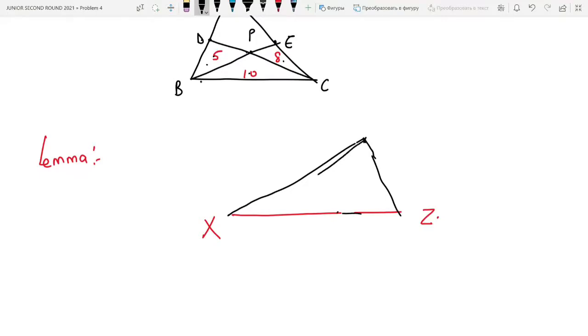The fixed points are X, Y, and Z. XZ is a segment, and Y is a point on the segment.